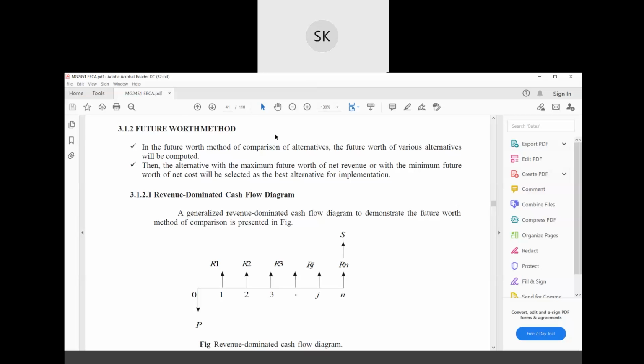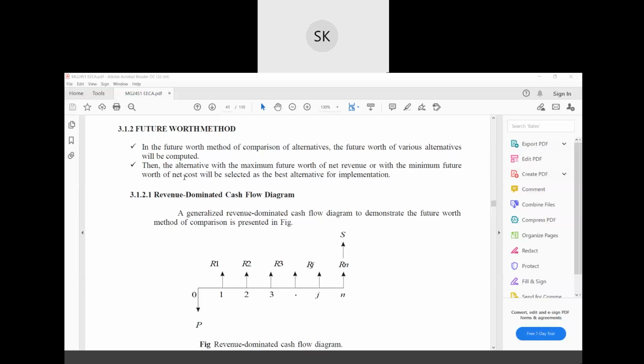Okay, the next method we'll discuss in today's class only, and then we'll end this class. It is the method of comparison of alternatives in the future. These are all our comparison methods. In our first method we compared the present worth. Now we'll see the future worth.